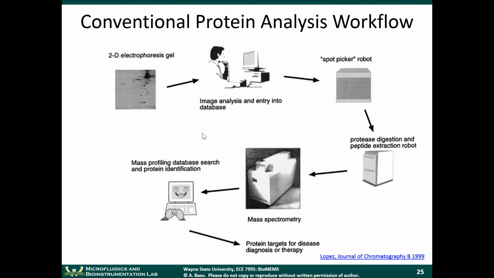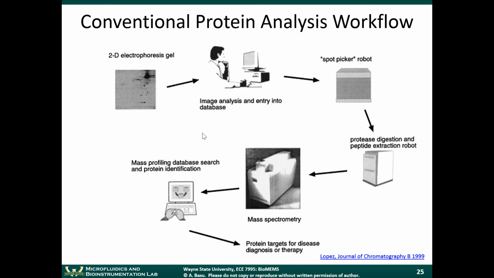So if there is a way to take a blood sample, for example, and separate out all the different proteins and somehow measure the different quantities of the different proteins, that's in some ways a holy grail of the proteomics field. And to be able to do the same type of technique not only to blood samples, but also other biological or environmental samples.